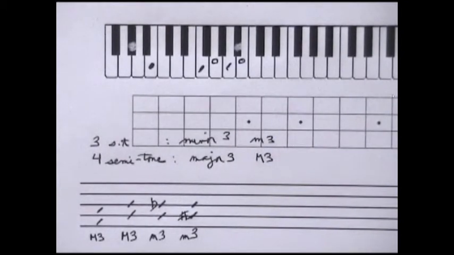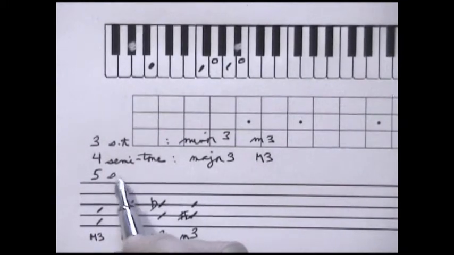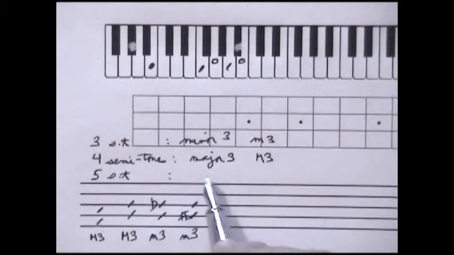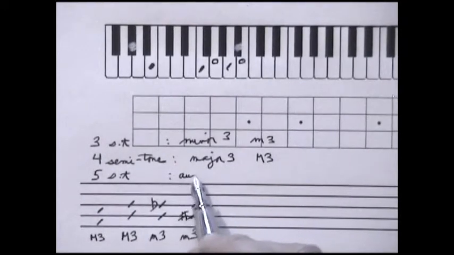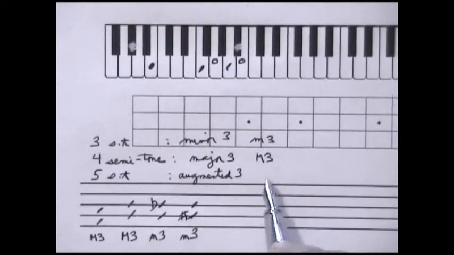Now if we make the interval bigger by a semitone, so we make it 5 semitones, this is referred to as an augmented third, and it's abbreviated capital A 3. So let's take 2 different notes just for variety here.